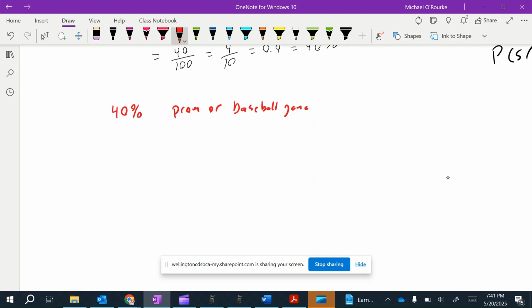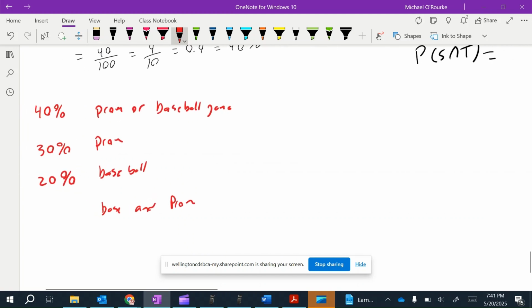I'm just making up these numbers, so hopefully they work. Let's have 30% are going to prom, 20% are going to the baseball game. How many are doing both? They're doing baseball and prom.